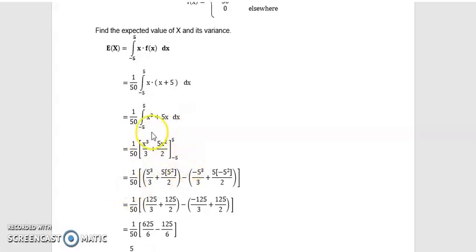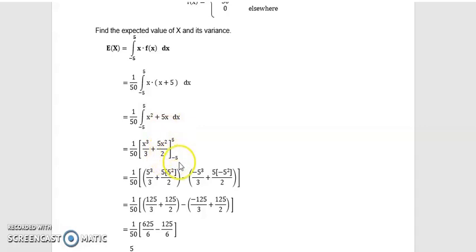Next, integrate this part. Here 1 over 50, x squared integrates to x to the power of 3 over 3, plus 5x integrates to 5x squared over 2.